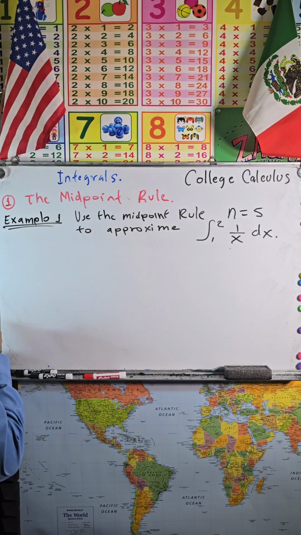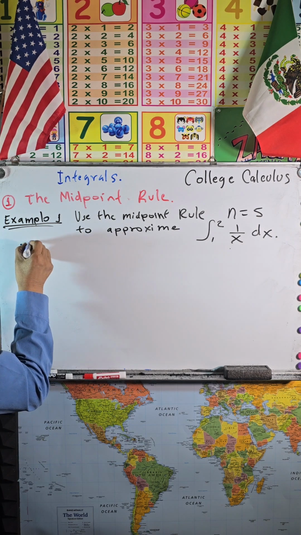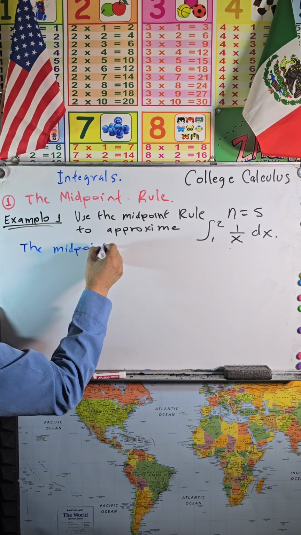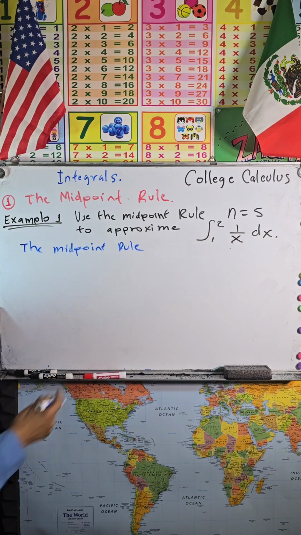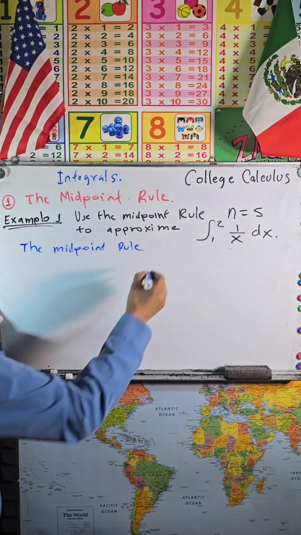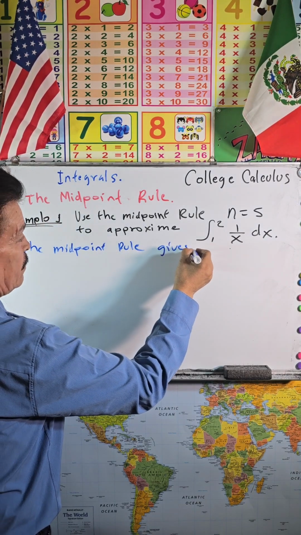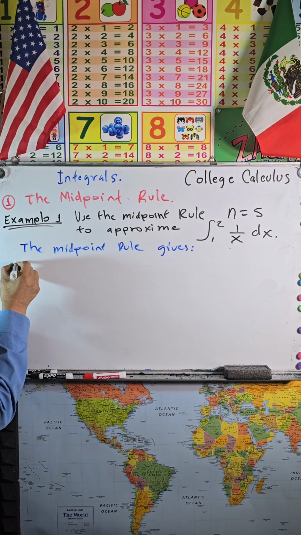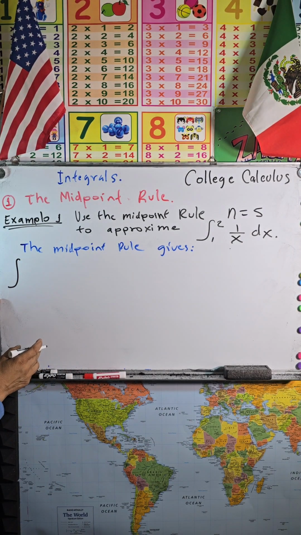Okay, so now we have to write the midpoint rule. Remember all data that is written before.